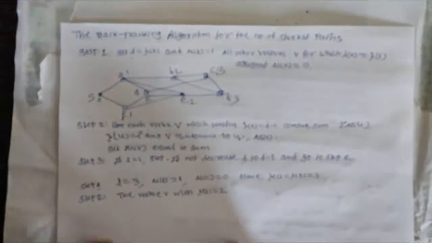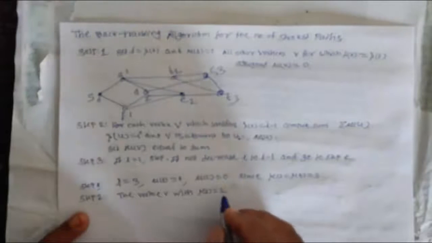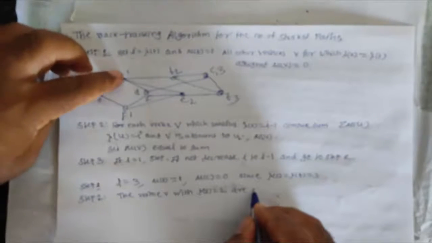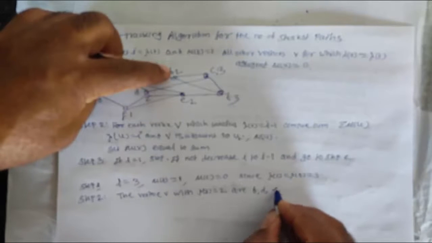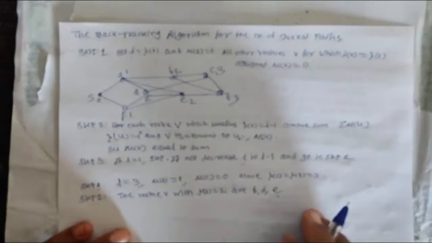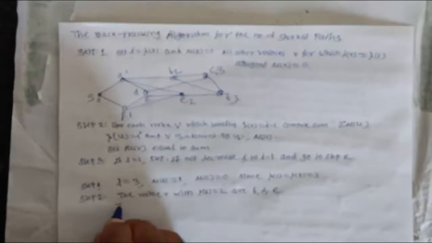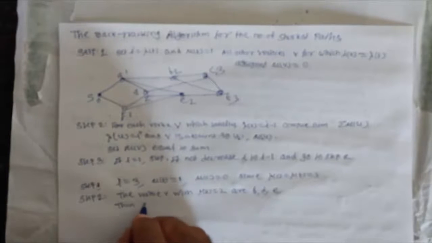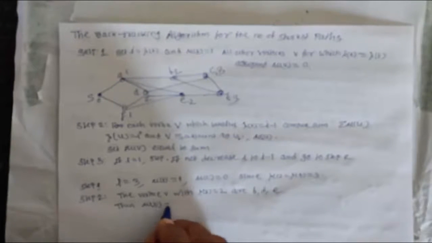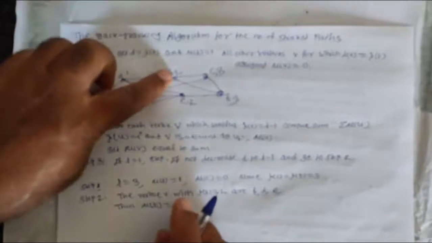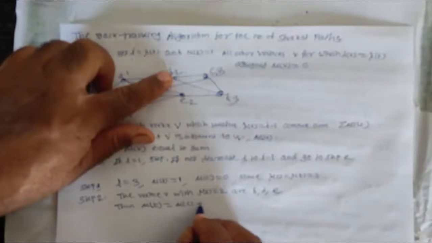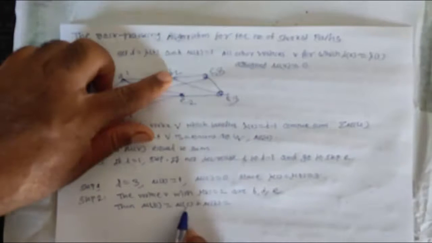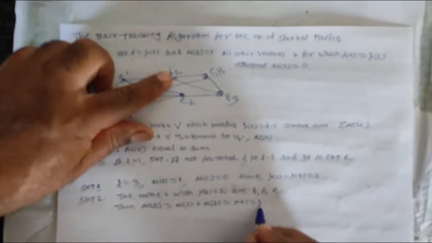There are 3 vertices: B, D and E. Then mu of B is equal to the sum of mu of C plus mu of T. Mu of C is 0, 0 plus 1 is 1.